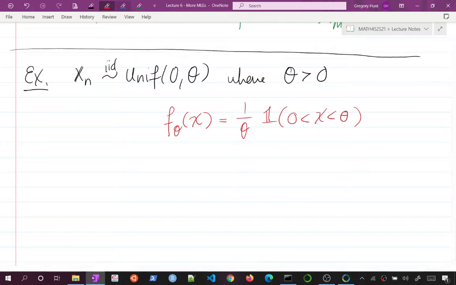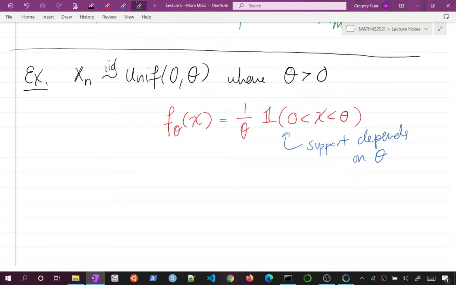And so here we notice that the support of my random variable depends on theta. So some of the conversation from the previous example about paying attention to those indicator functions is going to matter.